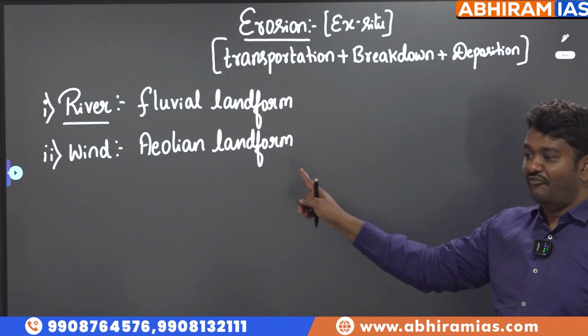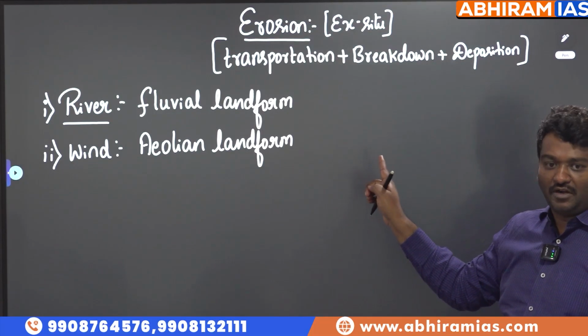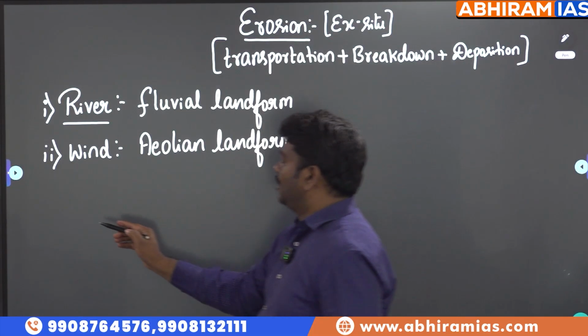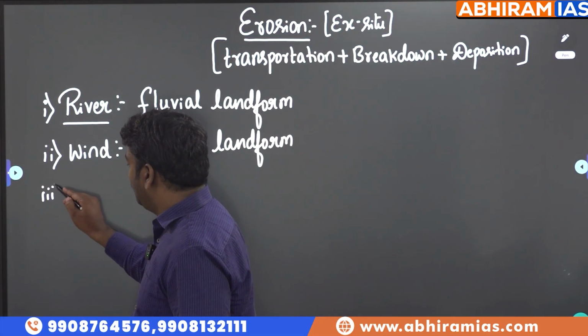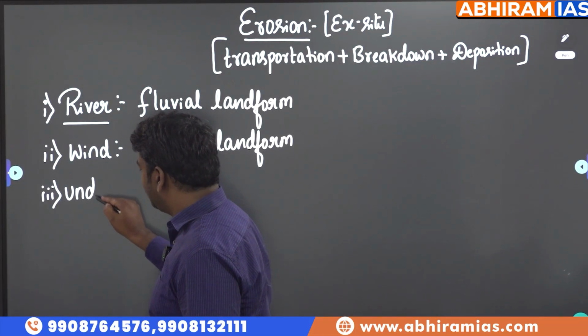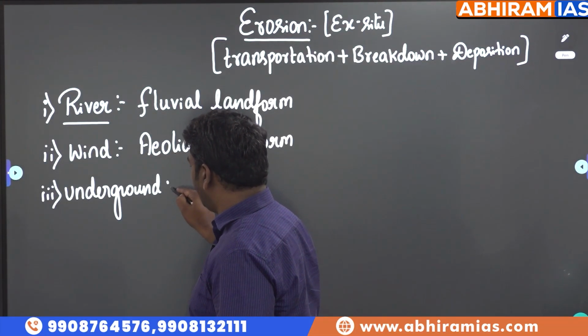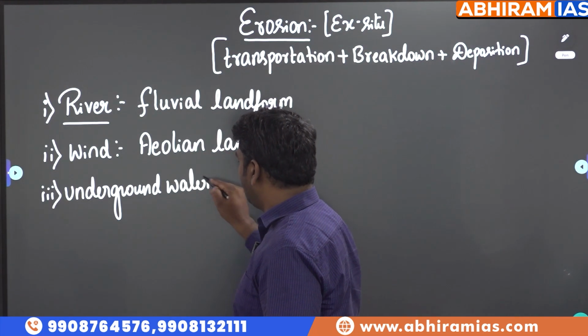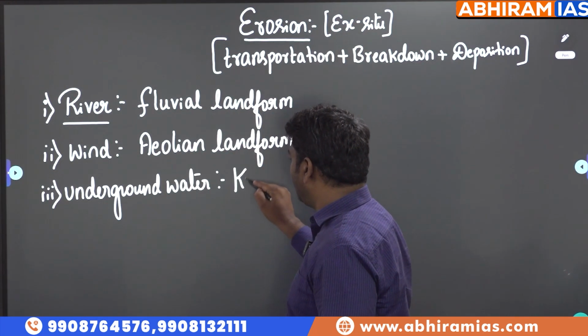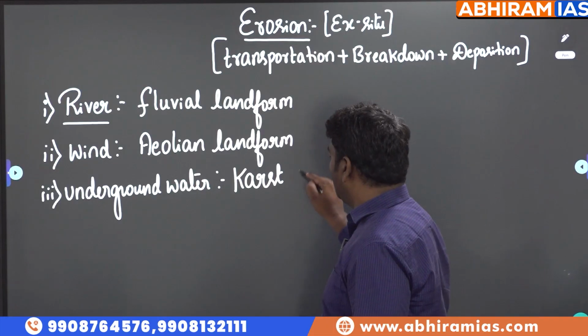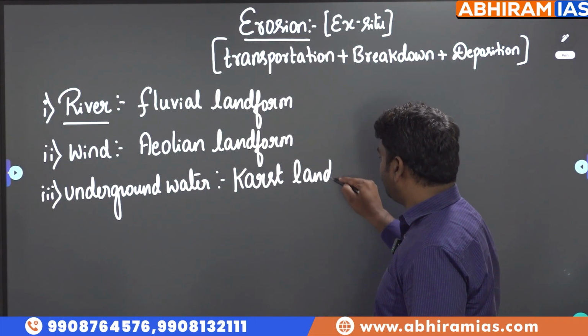Fine. Wind, if it forms a landform, it is called Aeolian. If underground water forms a landform, it is called karst landform.